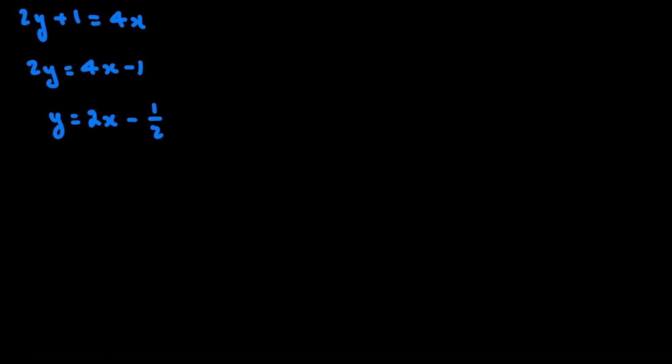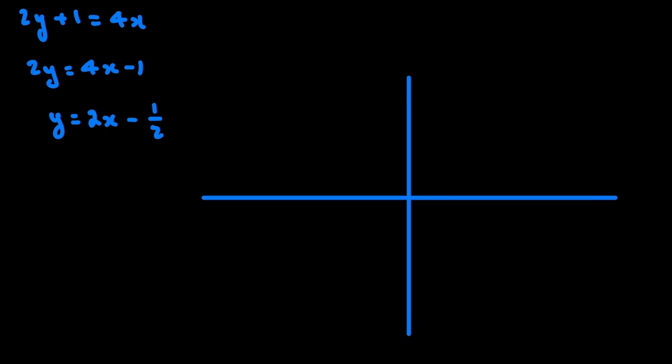So now once again, we can repeat the steps. I'm going to take the constant as the y-intercept, because that's how it is in slope-intercept form, or gradient-intercept form, wherever you're from. And that would be roughly here. This would be the coordinate 0, minus a half.